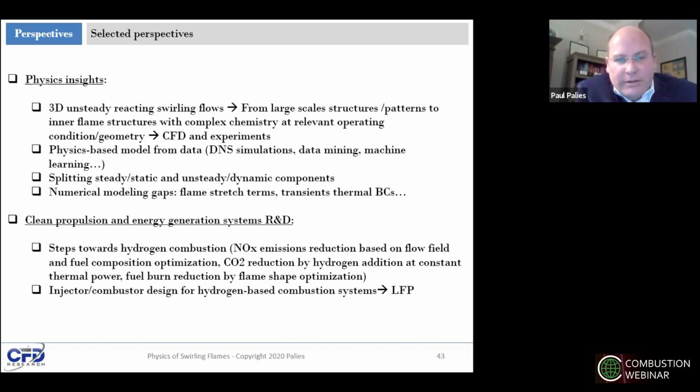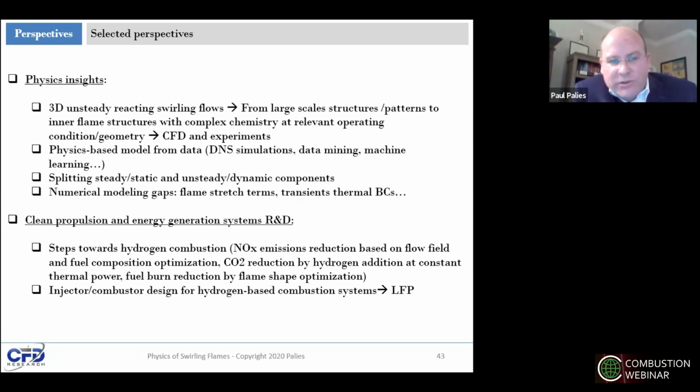And finally, wide scope steps are required toward hydrogen combustion in the combustion community. We need to understand what drives the NOx, which flow structure can be driving the NOx emission.